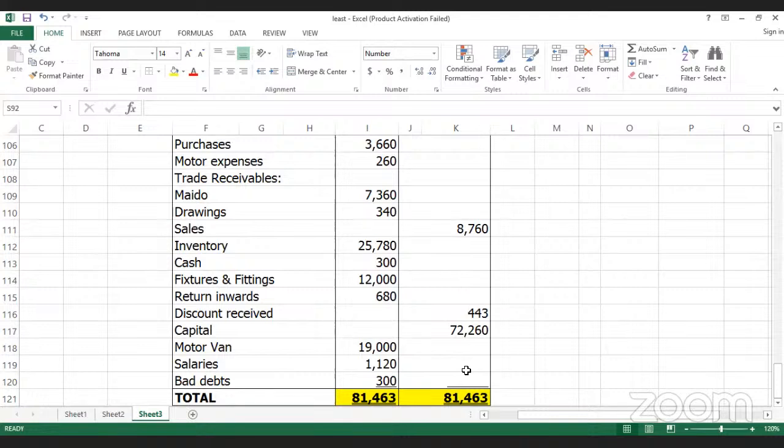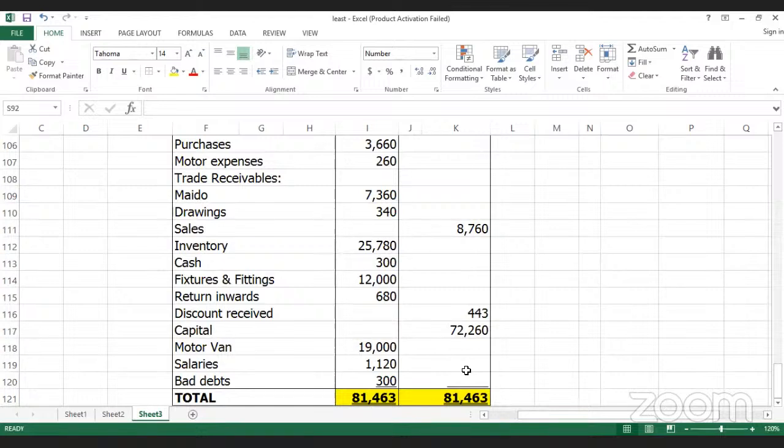But in this case, there are no errors. We managed to make sure that each debit has a corresponding credit. If they are not matching, you have to do some investigations and try to find out why the totals don't match. But our totals, you see, they are matching.